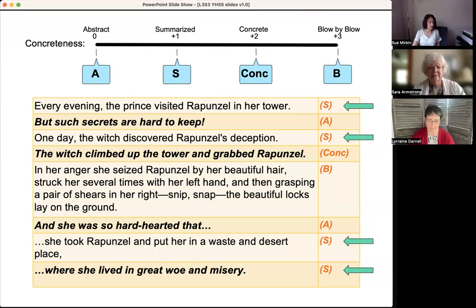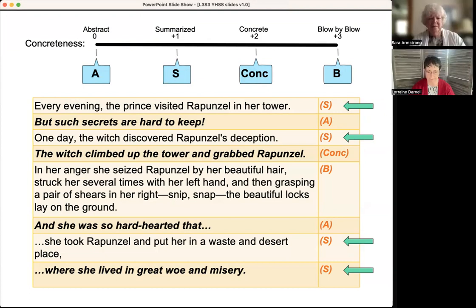Then summarized, half of them, or 4 out of 7, are summarized. And so summarized is kind of the default setting in a way.